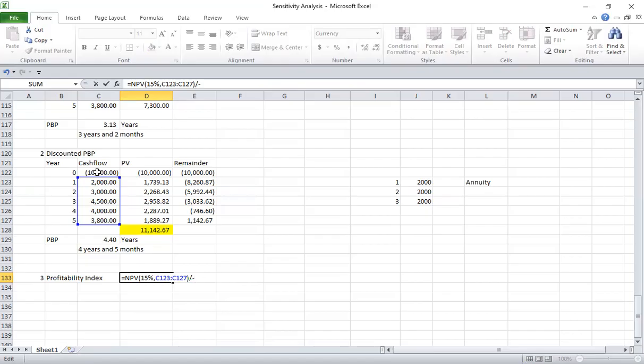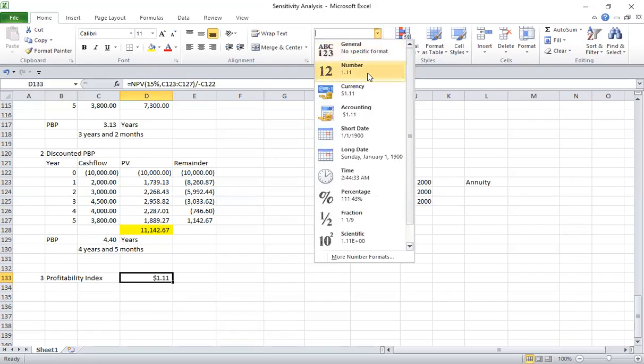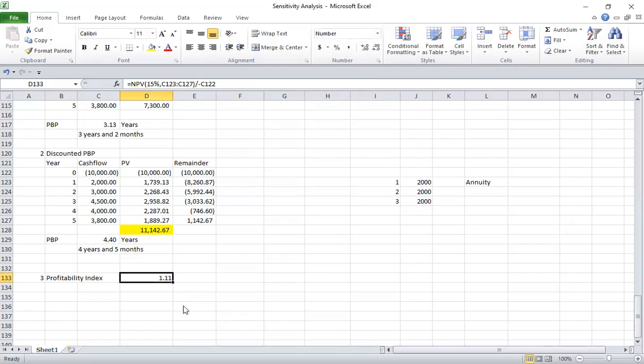So divide by minus 10,000. When you now press enter, that's our profitability index, 1.111.